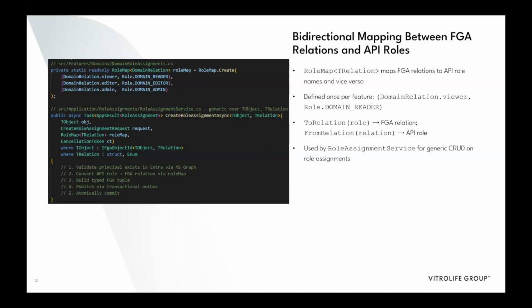And that's what we did. So for each entity, we add this role assignment endpoint where we can now remove role assignments, just like we are used to in Azure. And it worked quite well. We haven't done it super advanced yet, and the only thing we had to do was create these maps between the roles the users see and the internal relations. Let's see, what else?